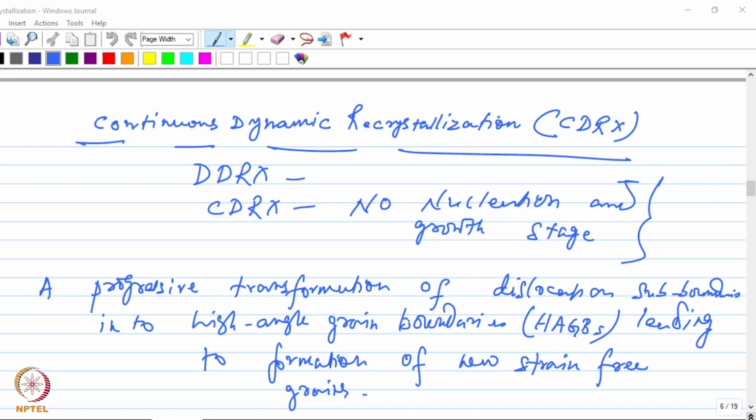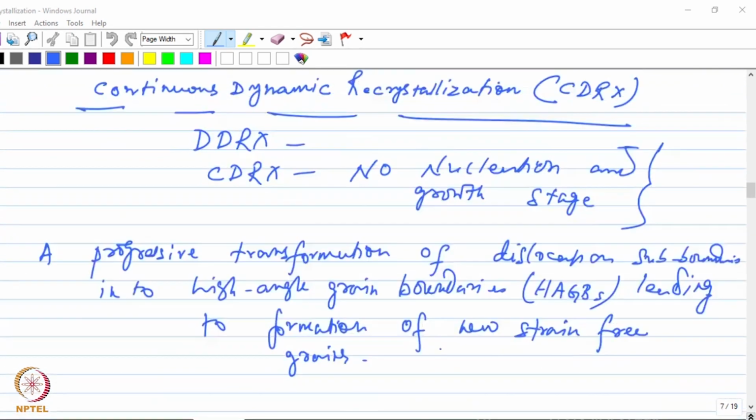The process through which the dislocations rearrange themselves into subgrain boundary configuration is known as the dynamic recovery process. So this is basically dislocation rearrangement into low energy configurations.